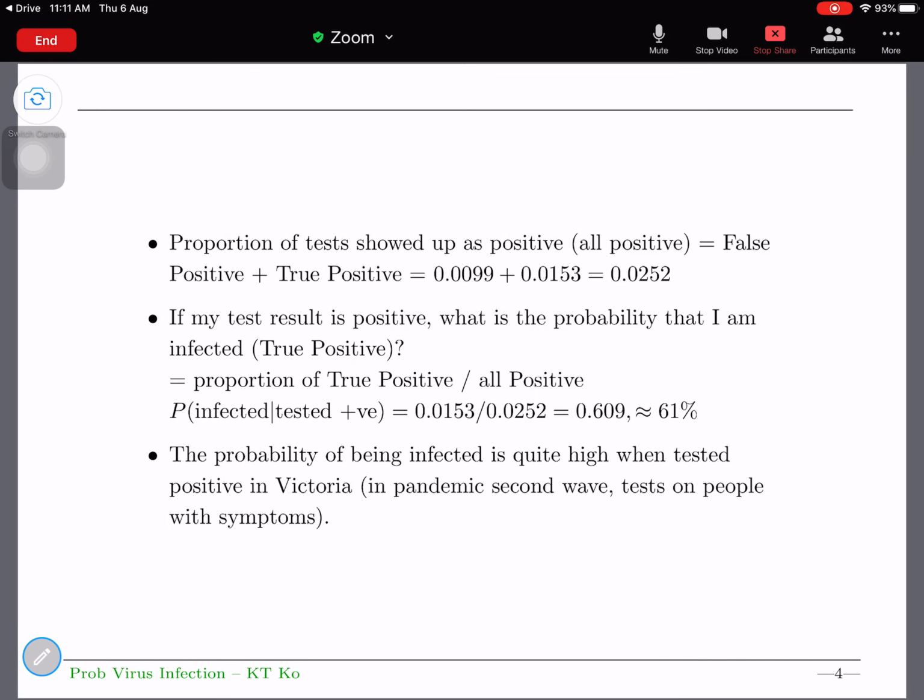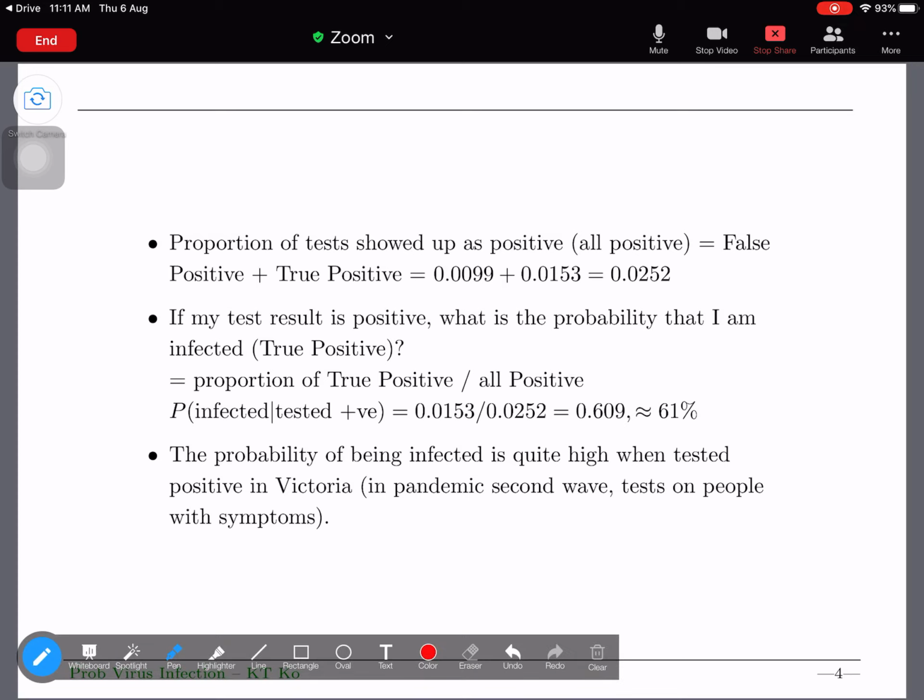So we look at the proportion of tests shown as positive, that includes false positive and true positive. And if we just add those two branches' probability together, it is about 0.025. Okay. Now, if my test is positive, so I go in and my test is positive, what is the probability I am actually infected? Which means the proportion of true positives over all the cases that are positive.